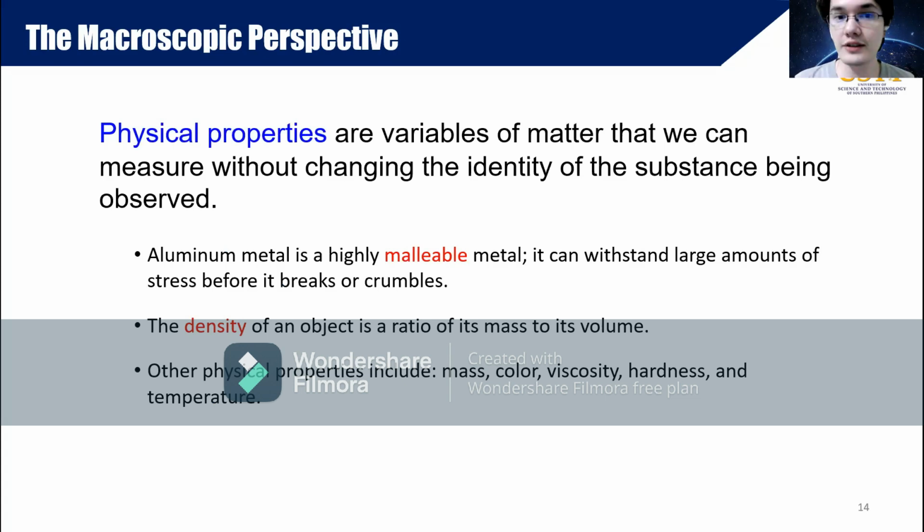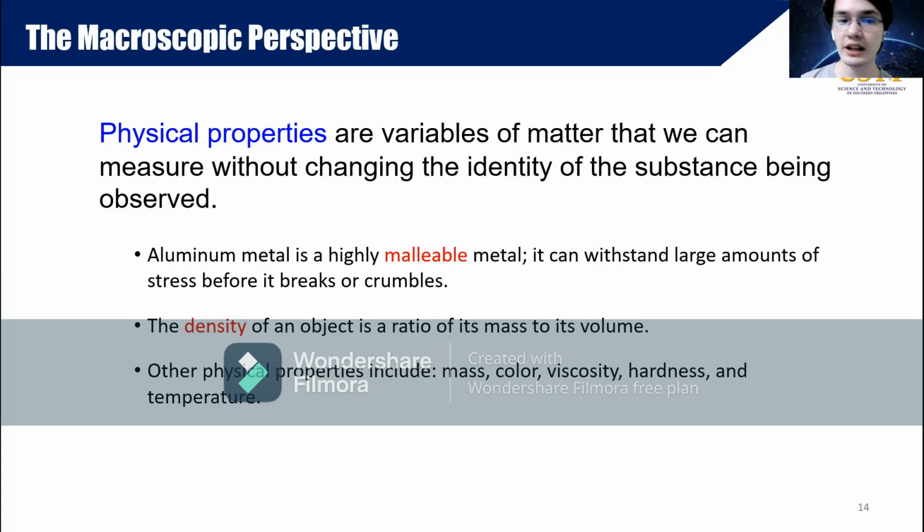So we have our properties. First, we have our physical properties that refer to variables or parameters of matter that can be measured without changing the identity of the substance.